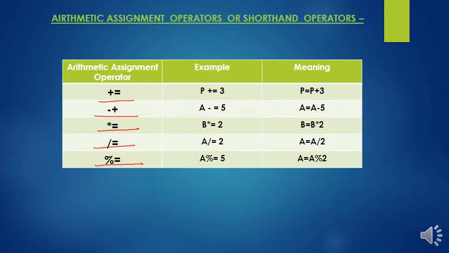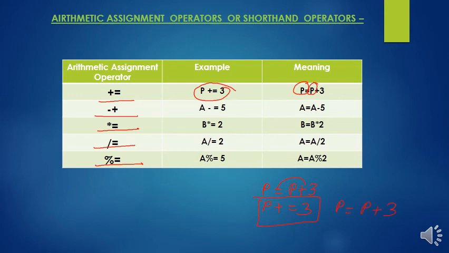In Java, if the same variable or same operands are on both sides, then we can write it with the help of a shorthand notation. So if p is equal to p plus 3, we can write p plus equal to 3. So p plus equal to 3 means p is equal to p plus 3.